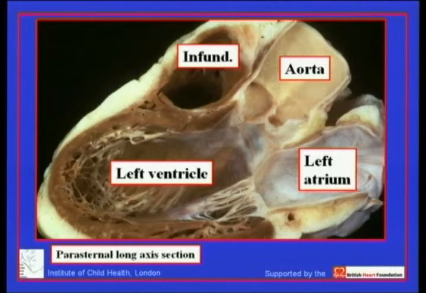And the key to understanding right ventricular structure is to appreciate the pulmonary valve is supported by its own sleeve of infundibular musculature.